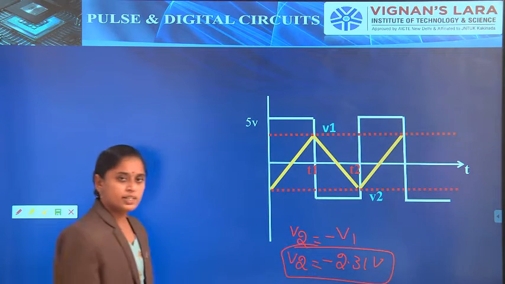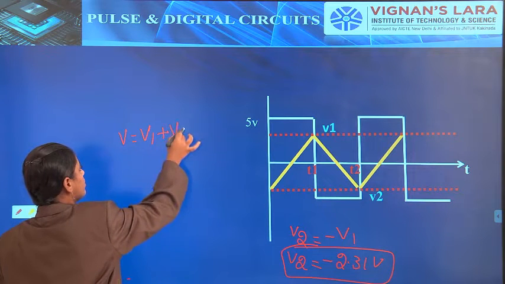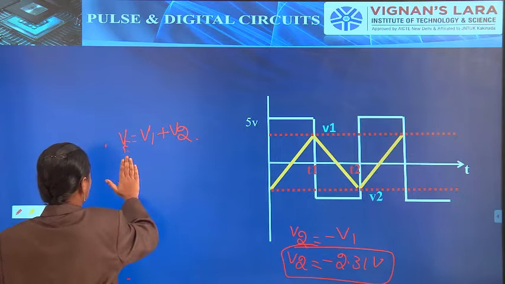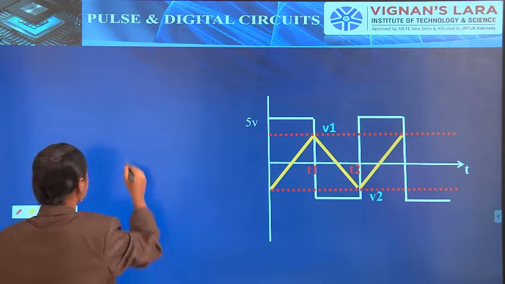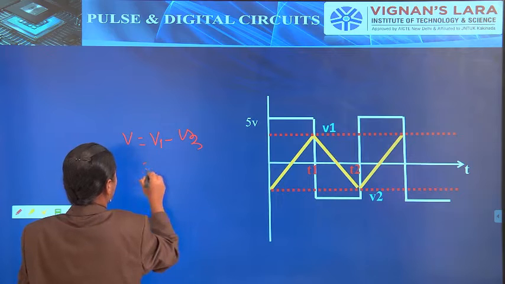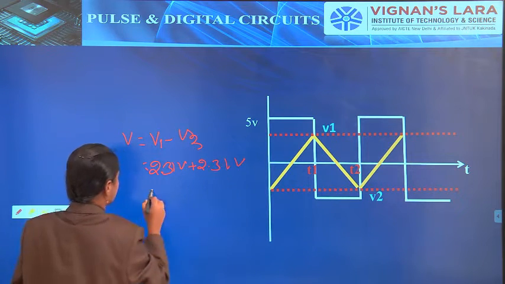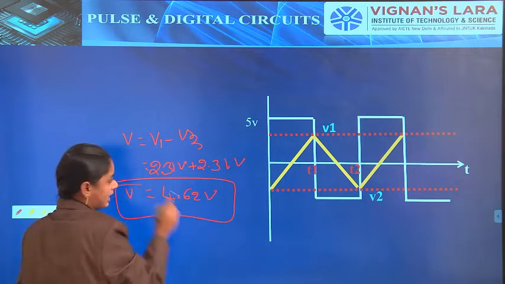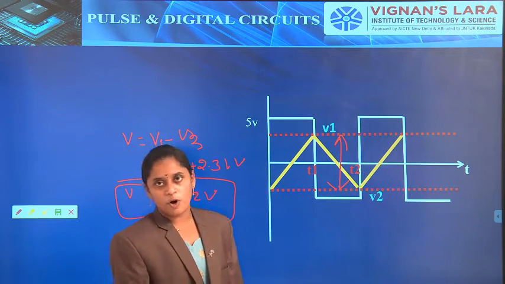Just by adding these voltages we get the peak to peak voltage, that is V is equal to V1 plus V2, 2.31 volts plus 2.31 volts, that is 4.62 volts. So this is the final output voltage which occurs at the output side. The output voltage will be 4.62 volts.